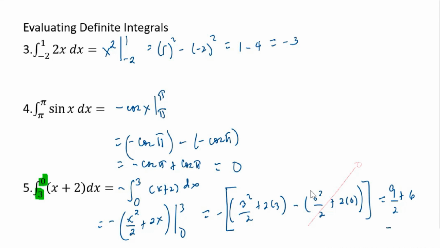Just adding the fractions, take note we have a negative sign outside, that's why our answer must be negative 21 over 2.